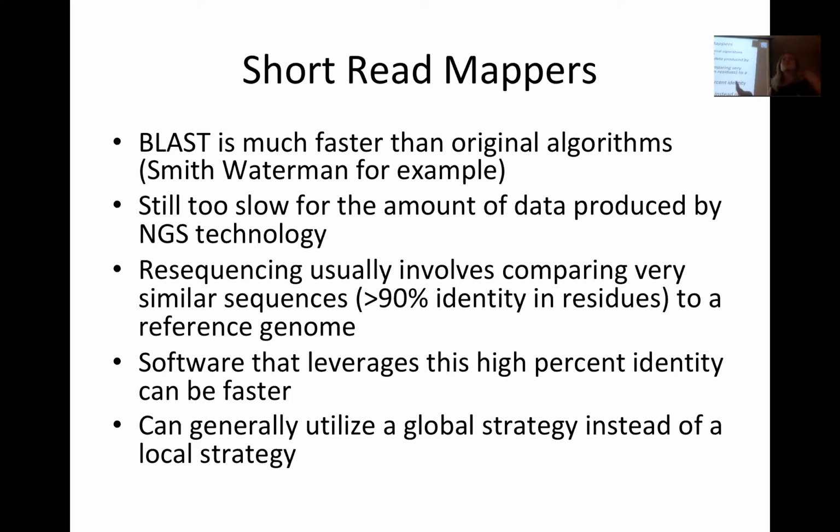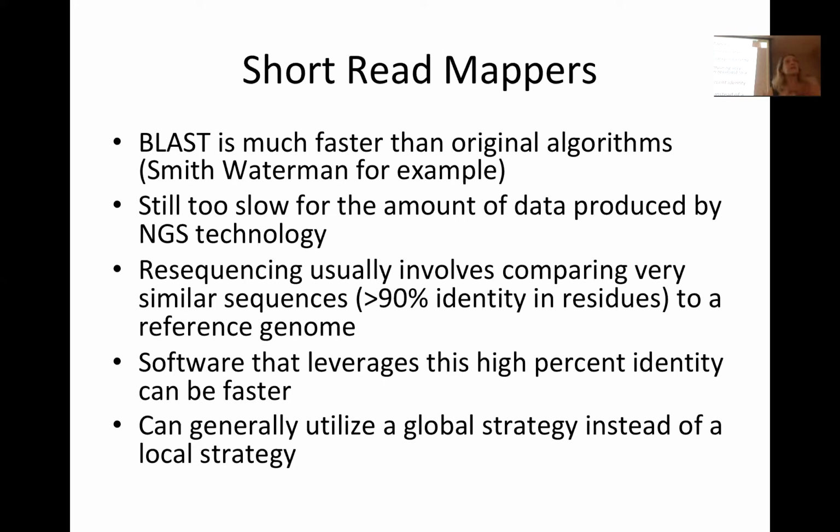But we have a specific thing that can kind of save us. Since resequencing, you're often looking at reads that are very, very similar to your reference, like 90% plus. We can go ahead and create an algorithm specifically targeted at reads that are very, very, very similar to the reference genome.